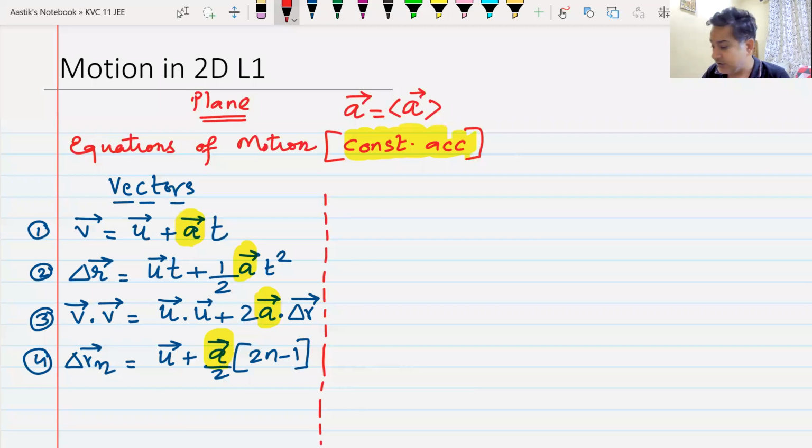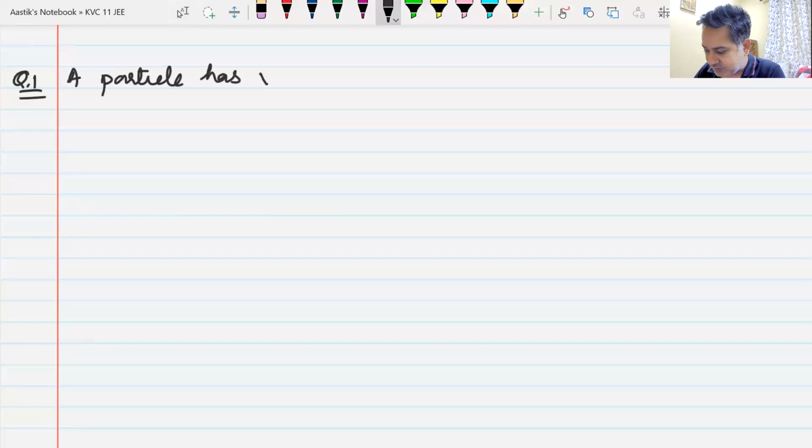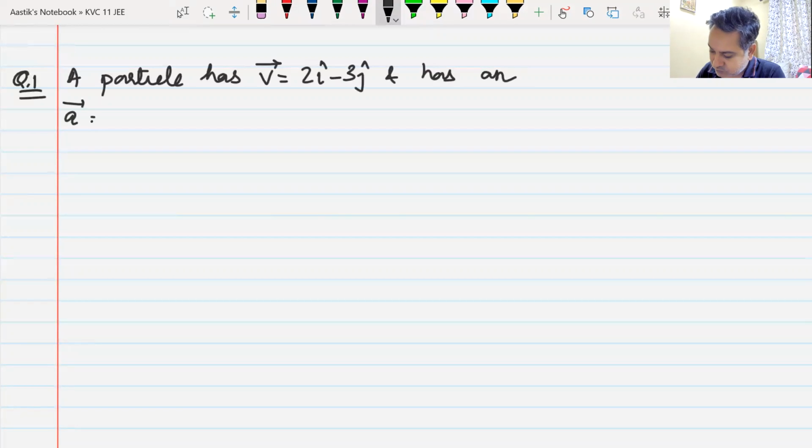Now I will give you a problem without telling you anything, because I've already told you so many things about motion in 1D and 2D that you should be able to solve this problem. So we straight away move on to the problem. Question number 1. A particle has a velocity 2i minus 3j and has an acceleration 3i plus 2j.